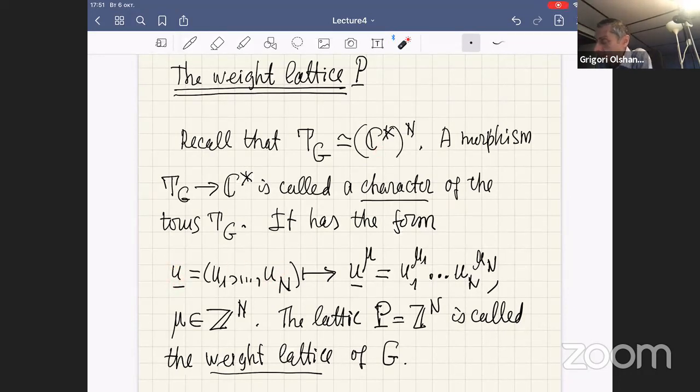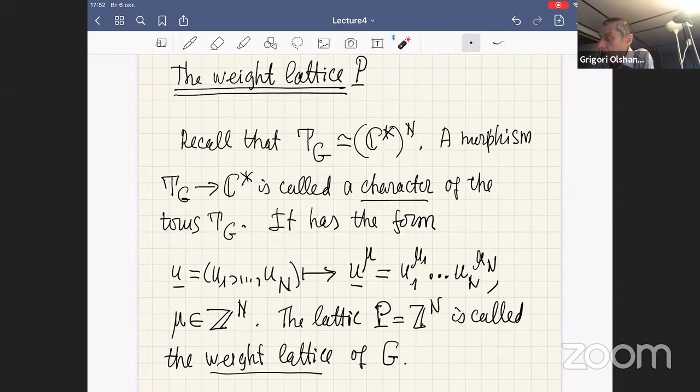A mu here is an n-tuple of integers, an element of this lattice. This is my shorthand notation for this product. So we take as P the n-dimensional lattice, but one can view it as a dual group in a reasonable sense, a dual group to this one.